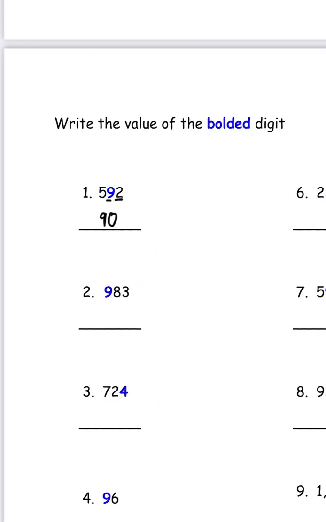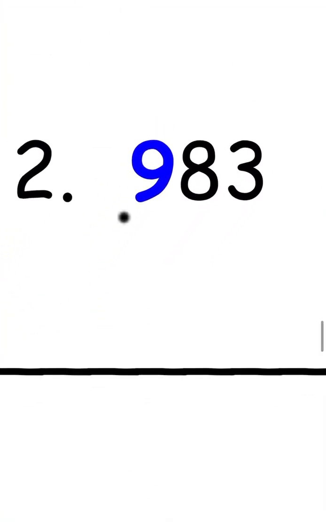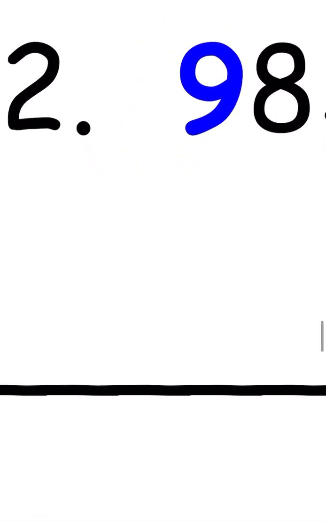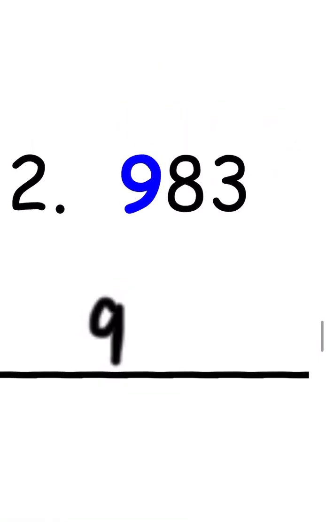Let's look at number 2. For number 2, we have 983, and 9 is bolded. So we need to write 9, and then since it is in the hundreds place, we need to write 2 zeros next to 9.